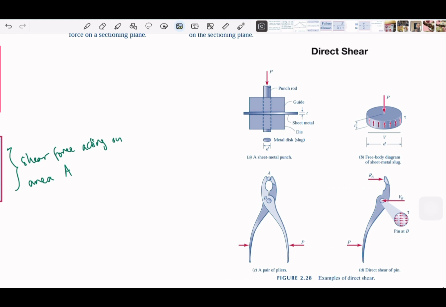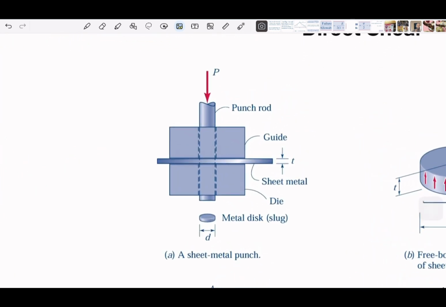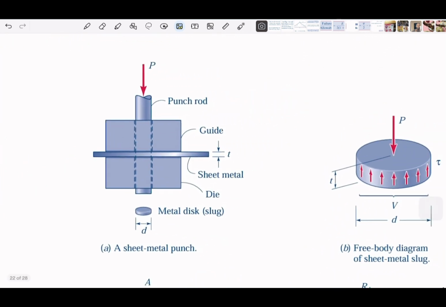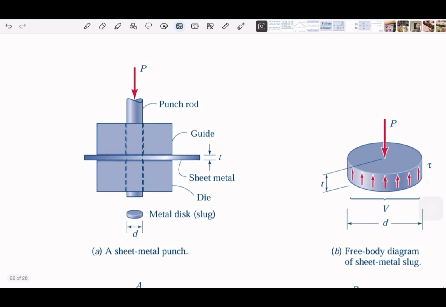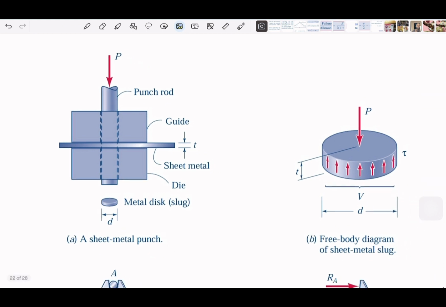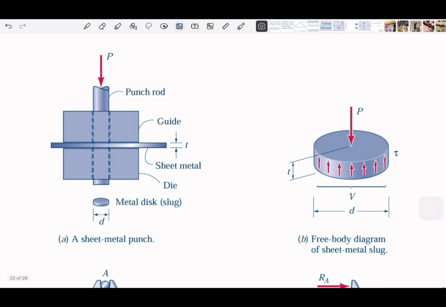So there are some applications here that we are going to formulate. We have some pliers and also the metal punch. When you pull the force on the metal punch, you will get a reaction, like a friction on the surface, which if we accumulate, will look like this, the free body diagram.